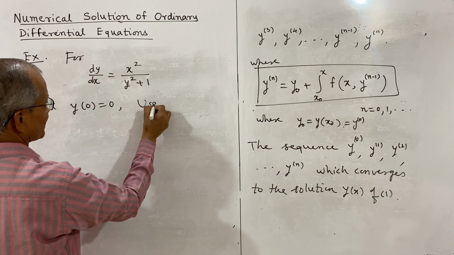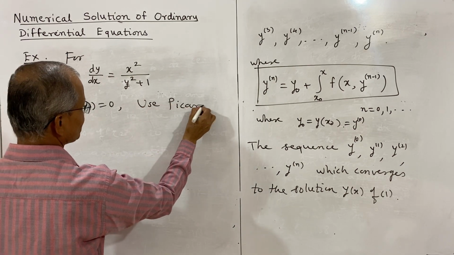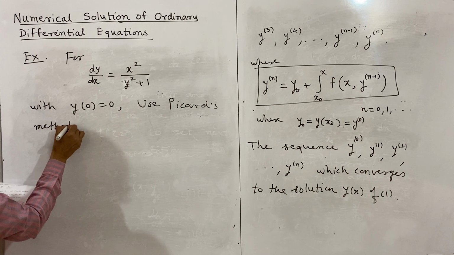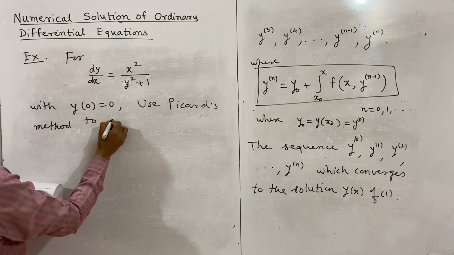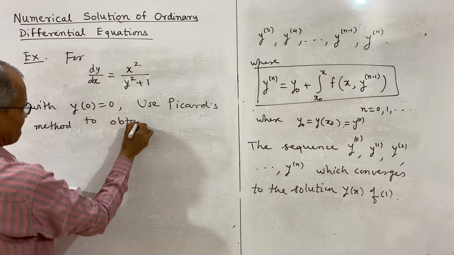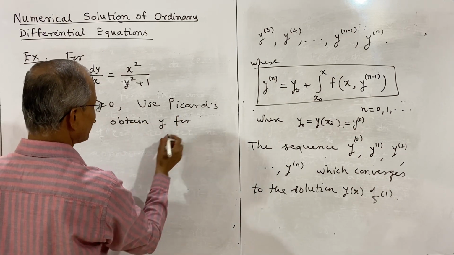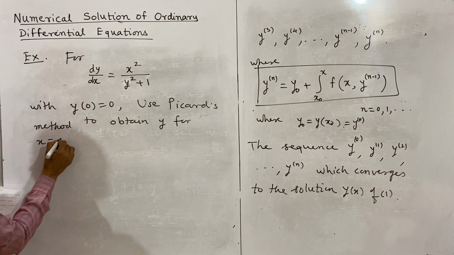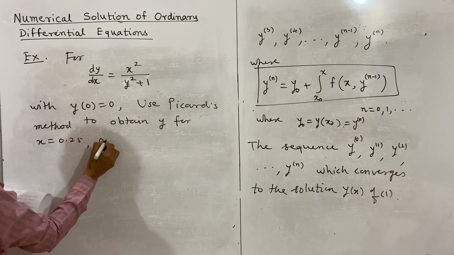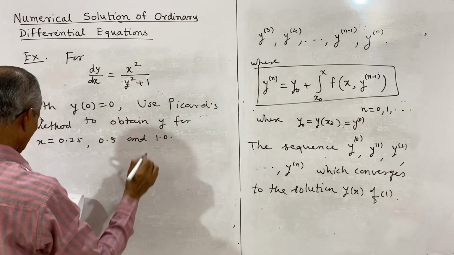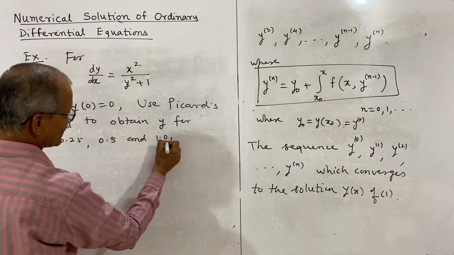Use Picard's method to obtain y for these values of x, x equal to 0.5 and 1, correct to 3 decimal places.